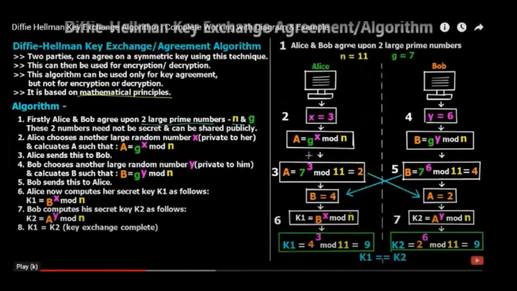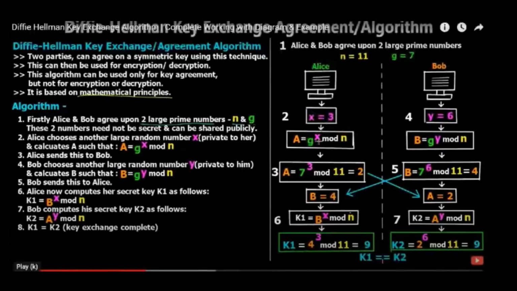By using G, N, and X, these three numbers, we have totally three numbers with us. One is N, the second is G, and the third is X. X is the private one.